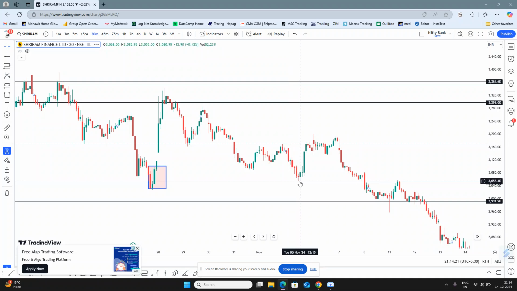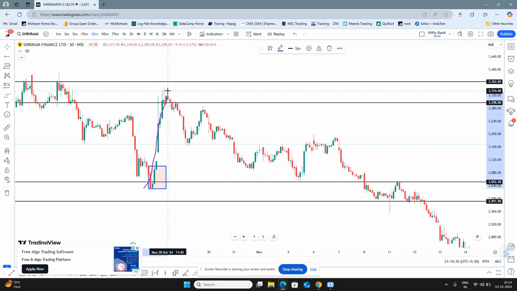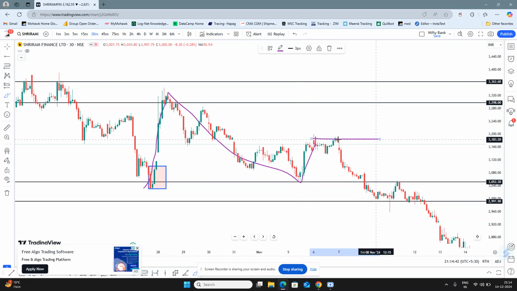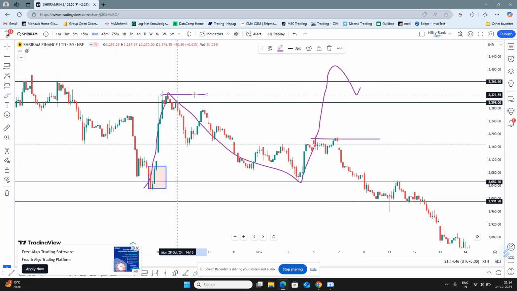So I will not attempt a second time because it has become weak. The first touch will always be very high. The next touch would not be that much. Understand why I'm saying so. In the first touch, it went from here till here. In the second touch, it went only till here. It would have been much more effective if it had broken this and made a higher high.